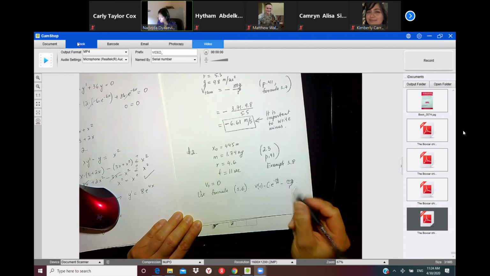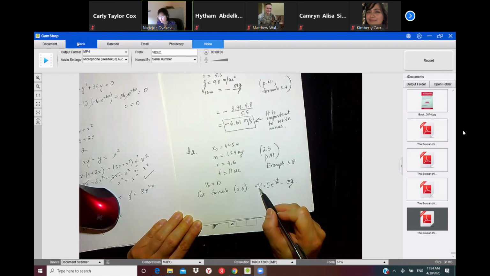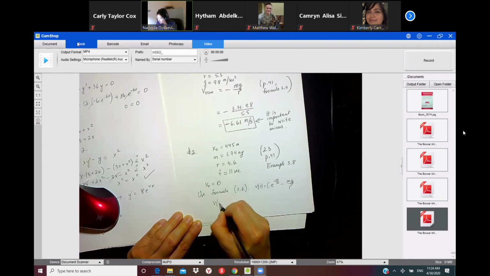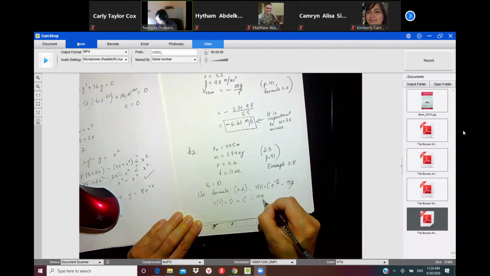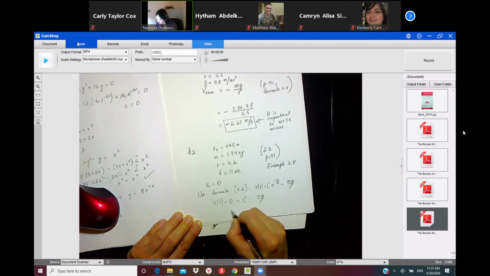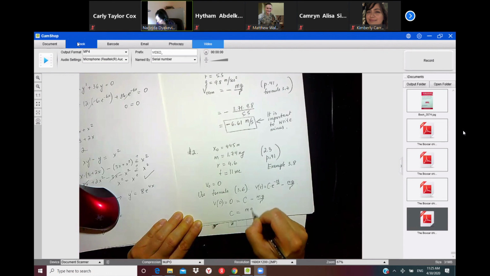I'm plugging in a 0 for t. So this is going to be C minus mg over R, from which we get C equals mg over R.